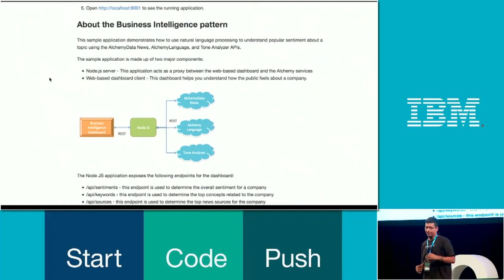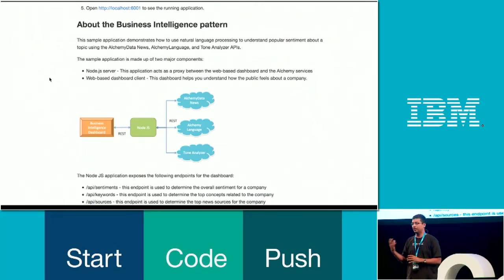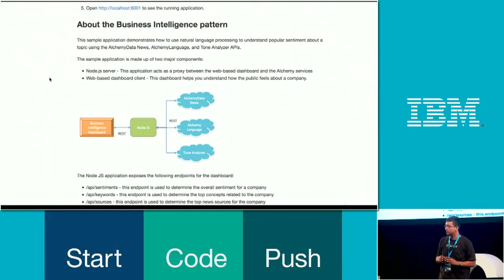The Alchemy Language does a lot of things around language processing. The one used in this particular app is the ability to find the various concepts being talked about in the news articles as well as the social media, as well as the sentiment being displayed in those articles, right?